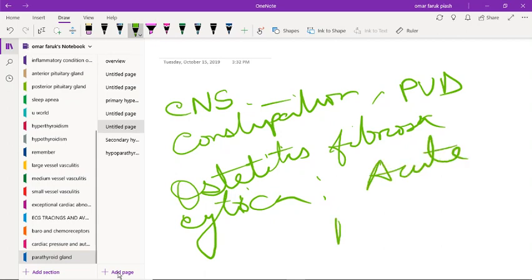This is a high-yield point: hypercalcemia leads to acute pancreatitis.